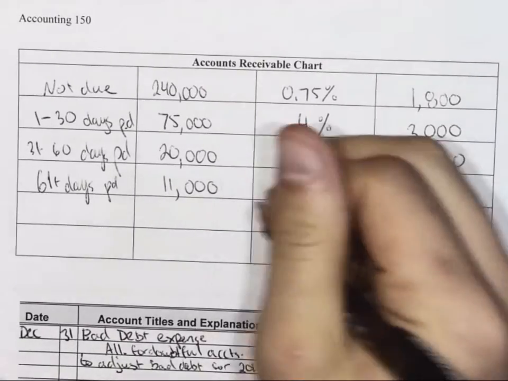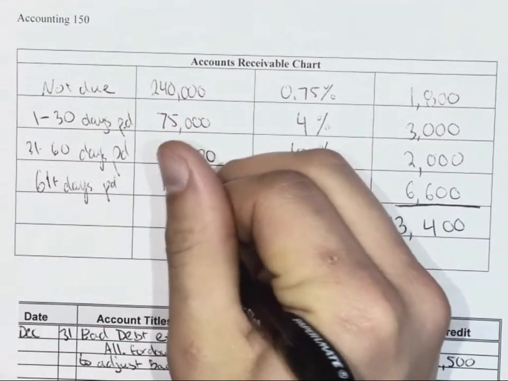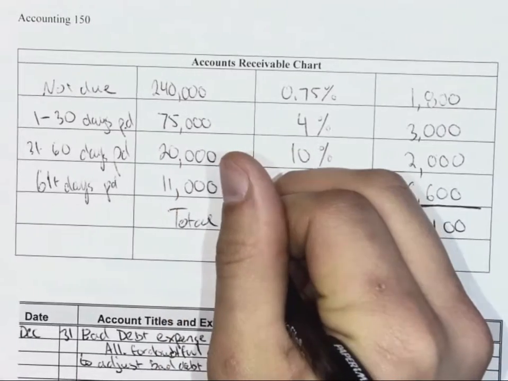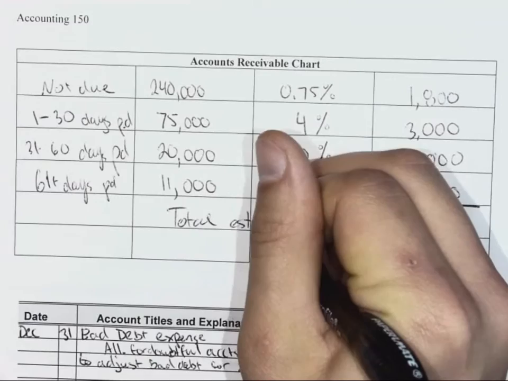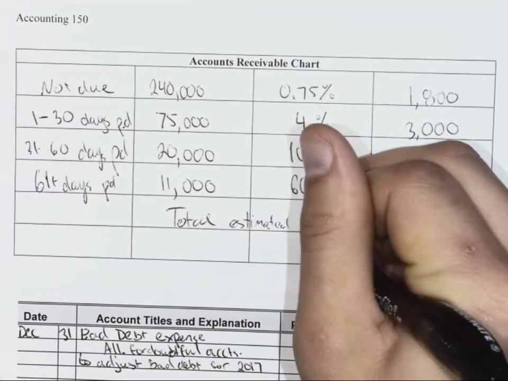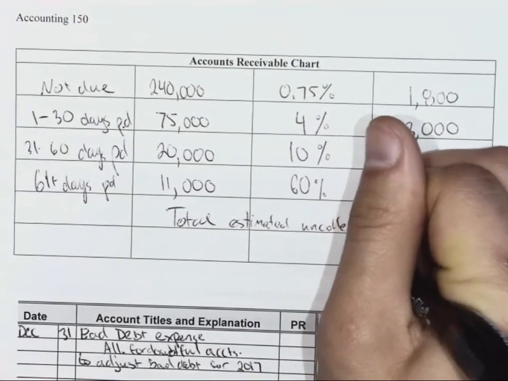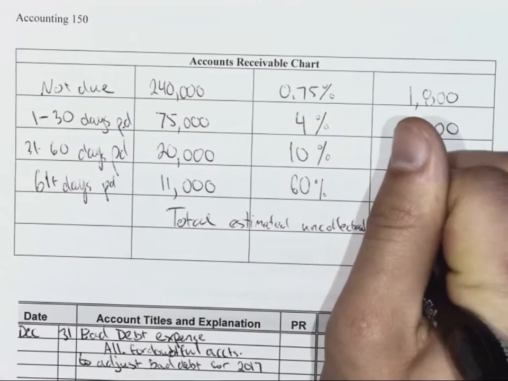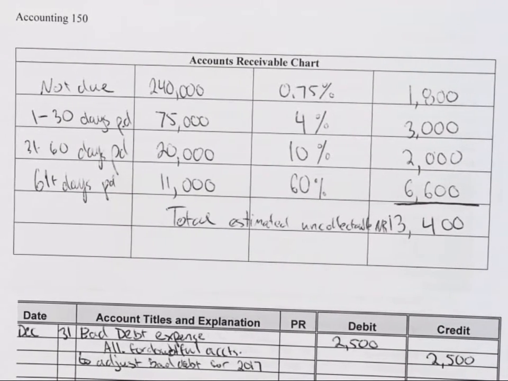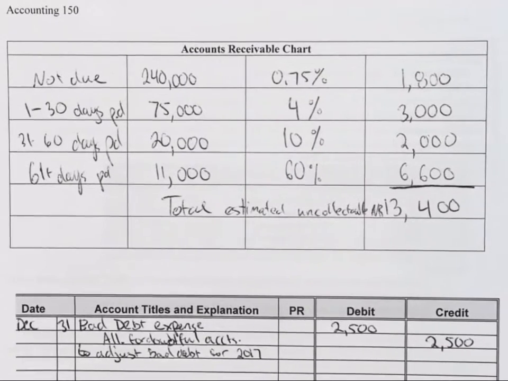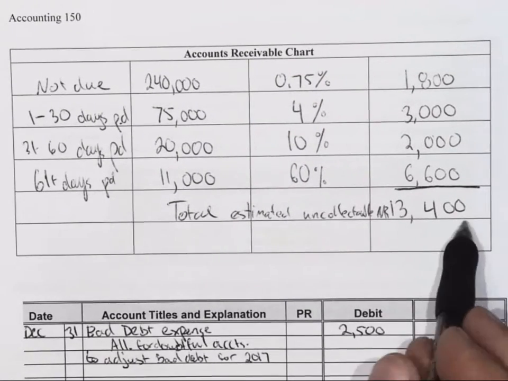Okay, so $13,400 is our total estimated uncollectible accounts receivable. Is this how much we're going to expense?